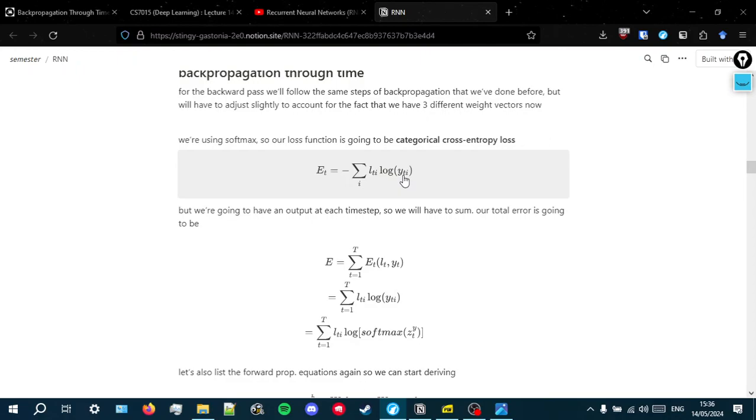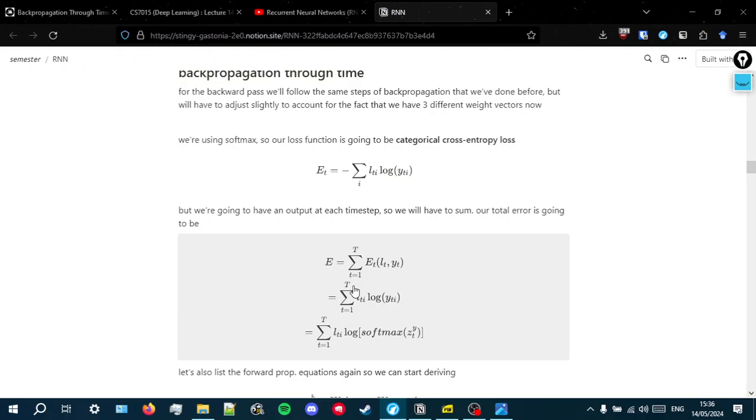It will be the exact same concept, but we're going to do a summation over all of the time steps because this isn't just a single output at the end. This is going to be multiple time steps. So there should be another summation here: a summation of all of the outputs times the true one, and then sum that over all of the targets or all of the time steps.